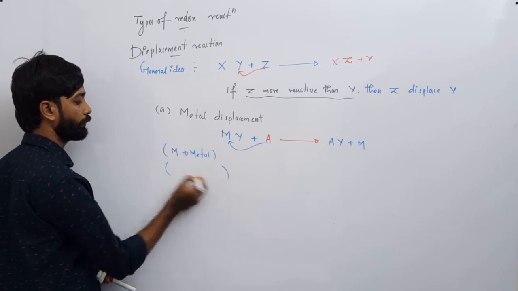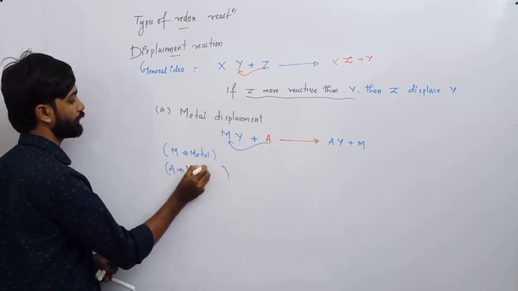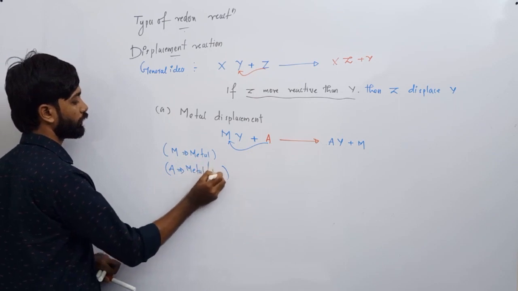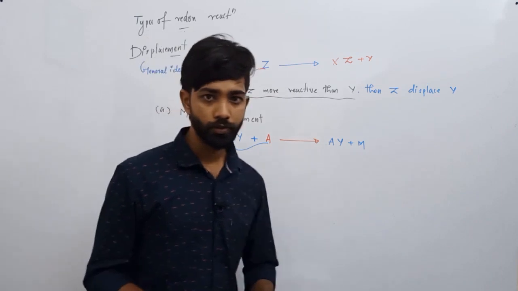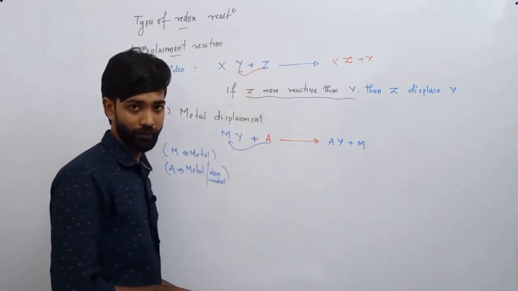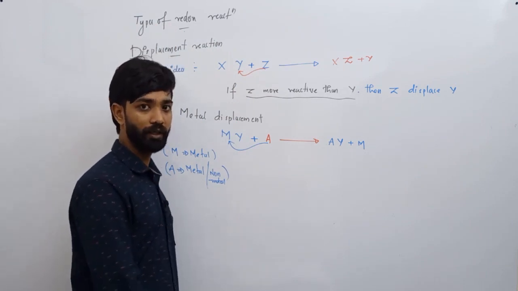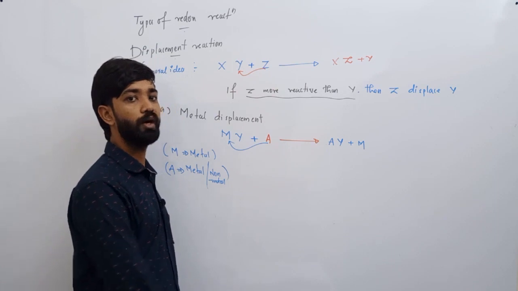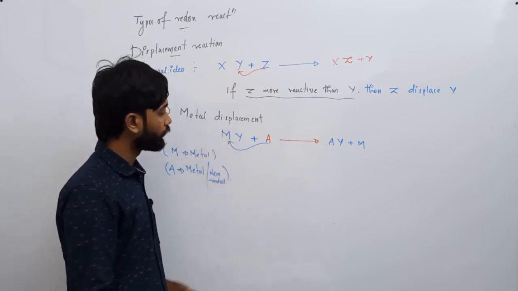And what about A? A may be a metal or a non-metal. So how does it become metal displacement? If the metal is displaced by another element, if the element which is displaced is a metal, then the reaction is metal displacement.